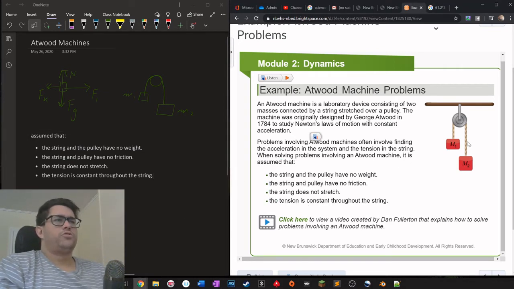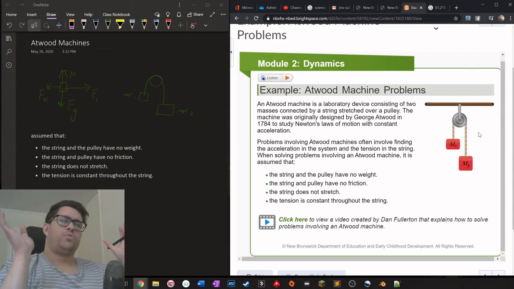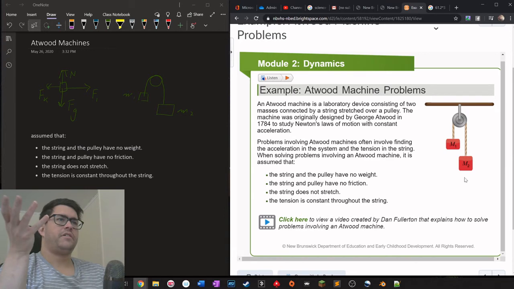So the string doesn't have weight, the pulley doesn't have weight. We're only thinking of them as light strings with forces moving the masses. The string and pulley have no friction, so nothing slows down the movement. We assume it because it's easier to calculate.